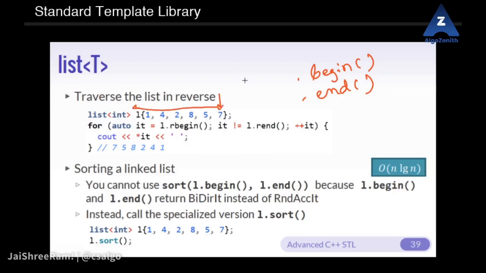Okay, so this is defined as rbegin, and before this, the element over here is defined as rend, okay, and this iterator moves in this direction, okay.